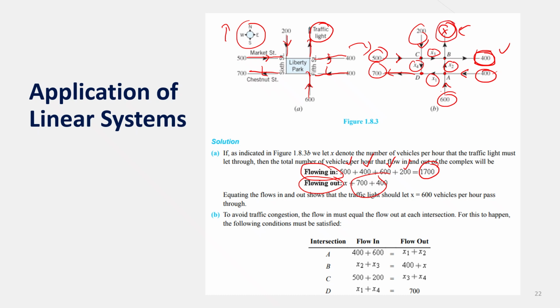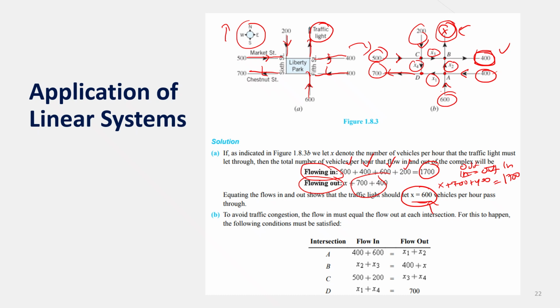So when the flow in equals the flow out, x plus 700 plus 400 equals 1700, then you will have x equal to 600.